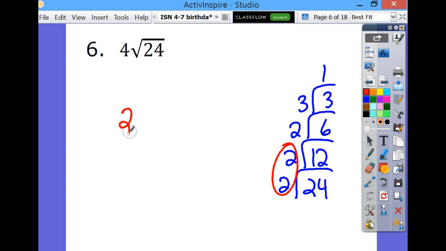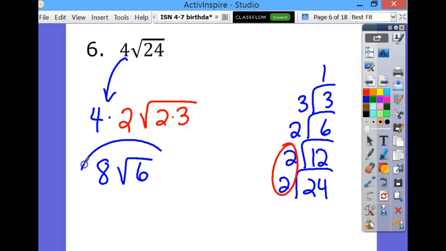I have a pair of 2s and a 2 times 3 left over. And I also had a 4 out in front. So the 4 times the 2 out in front multiplies together, and the 2 times the 3 inside the radical multiplies together. Why doesn't this problem have an I in it? The other problems had an I in it. If it does not have a negative under the radical sign, it will not have an I in the answer.